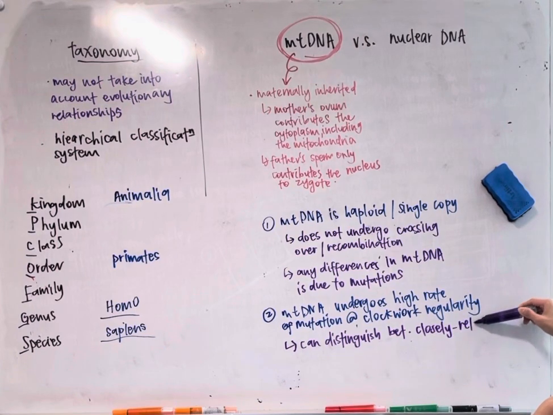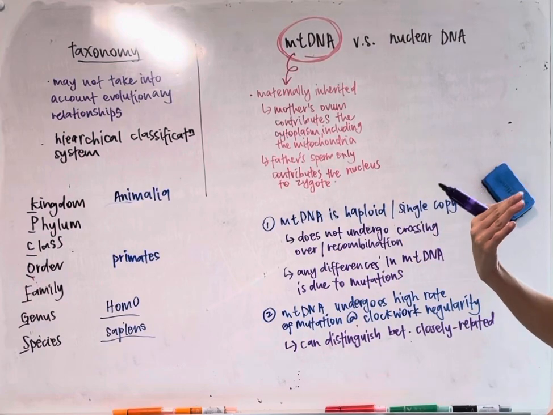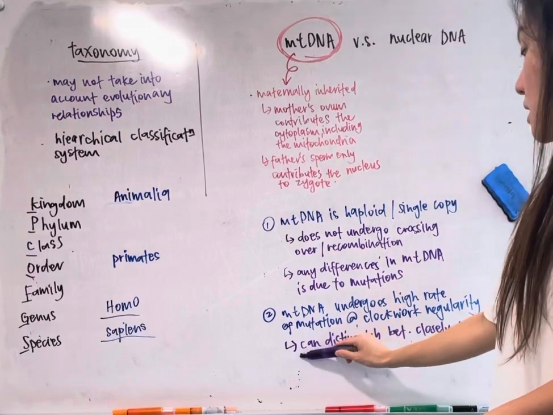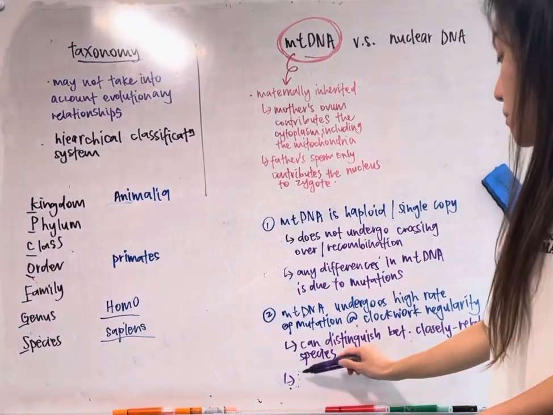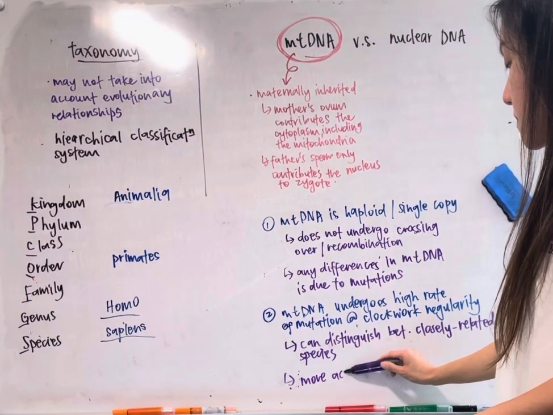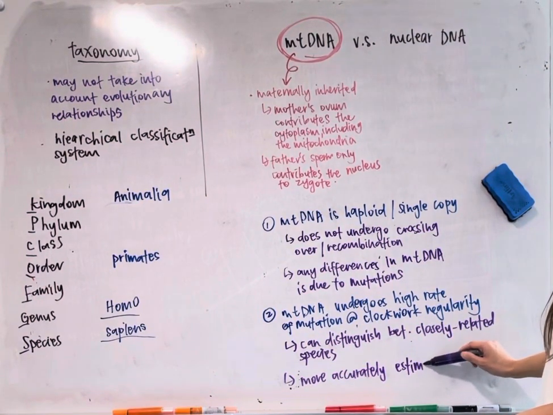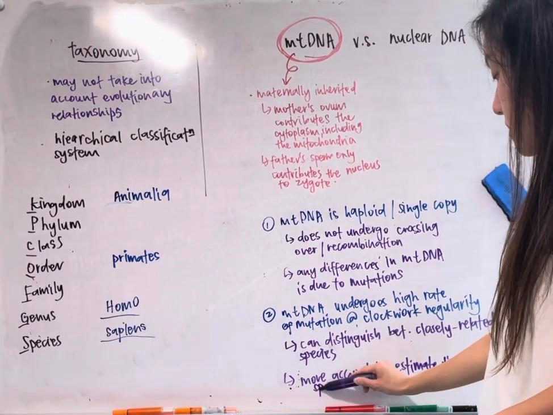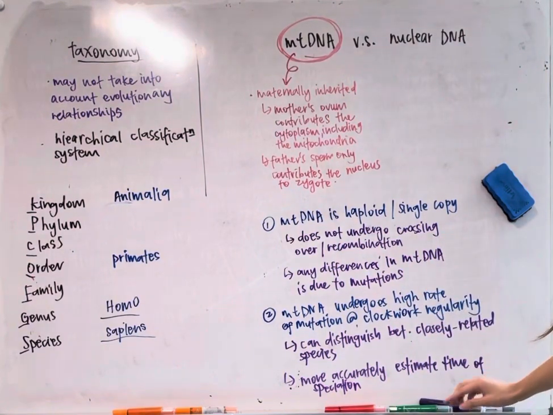Which one is more closely related? For example, if you want to investigate chimpanzees and humans, and orang-utans and humans, we can see which one has a closer relationship with humans, right? Another one is, you can more accurately estimate the time of speciation. Okay? So take note.